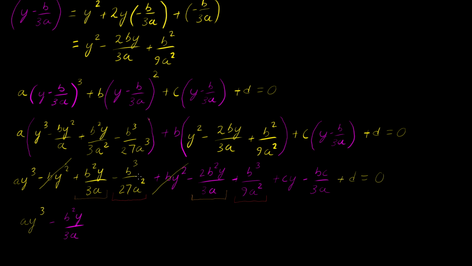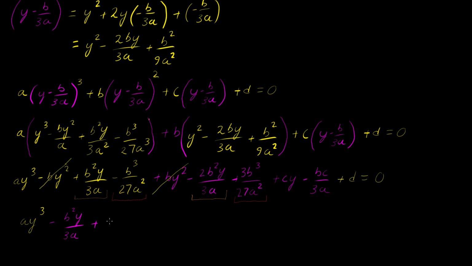And now let's have a look here. We've got this b cubed over 27a squared. We want a 27a squared in the denominator here. So let's just multiply the numerator and the denominator by 3. If we multiply the top and bottom by 3, we're going to be left with 27a squared in the denominator, and 3b cubed in the numerator. So that is equivalent.